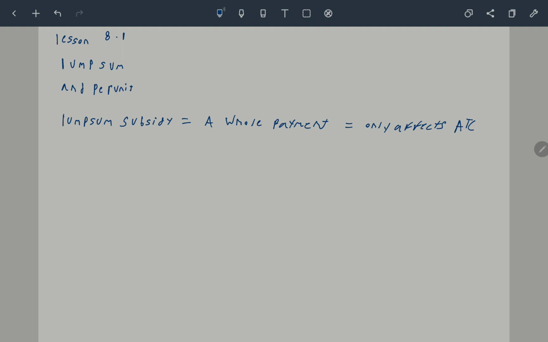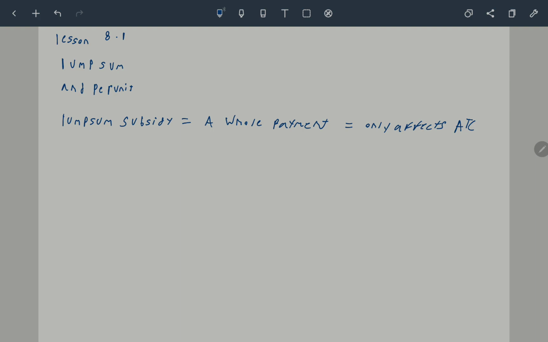So when producers are given a subsidy, they are encouraged to produce more at a lower cost, so it just makes them more socially efficient.